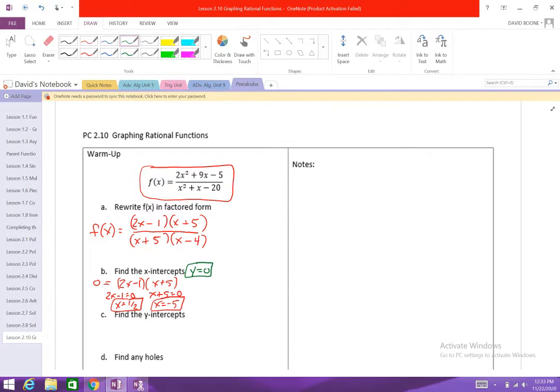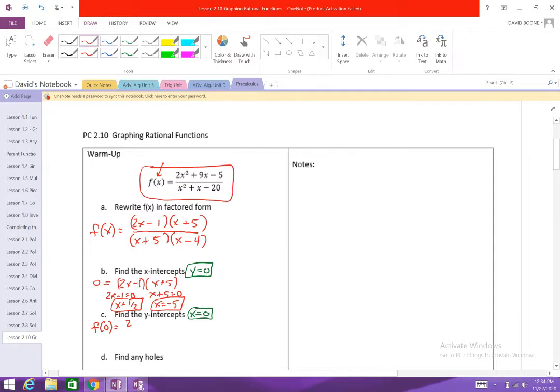Then, as we progress into the y-intercepts, remember, to find y-intercepts, that's when the x is 0. So we're simply going to put 0 in for the x's in the equation. We're basically doing f of 0, putting 0 in for x.